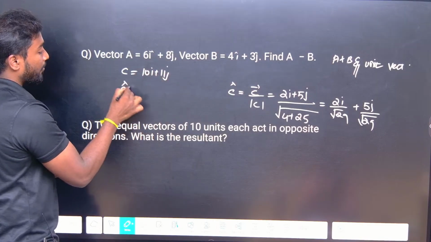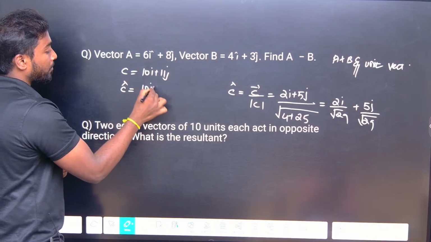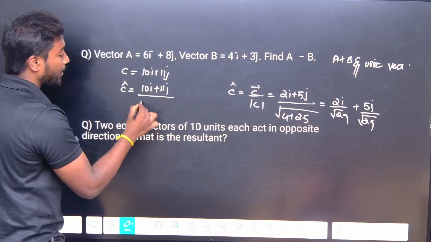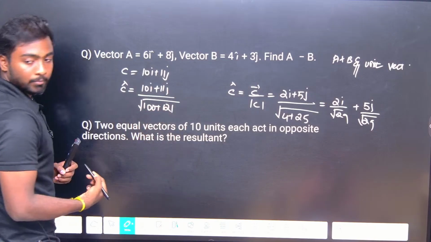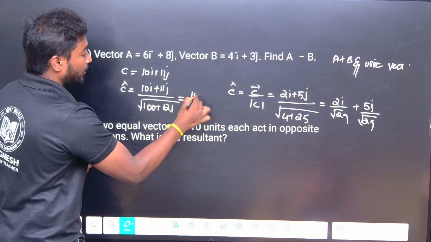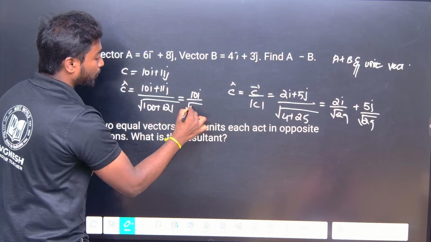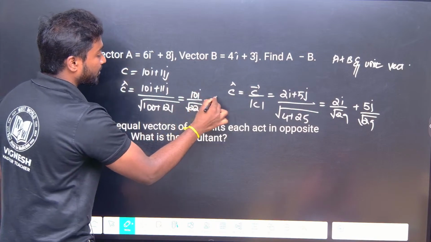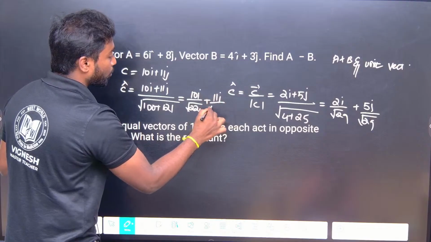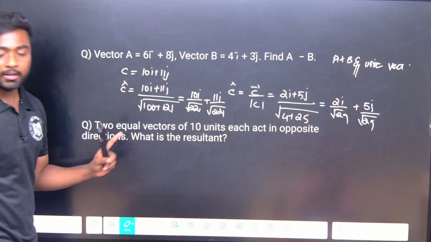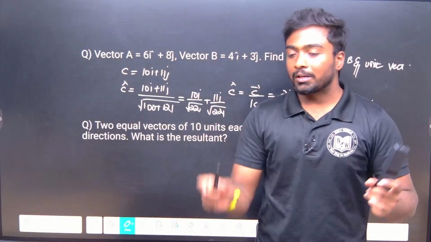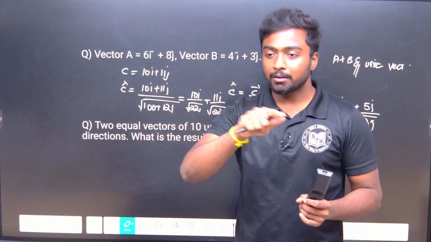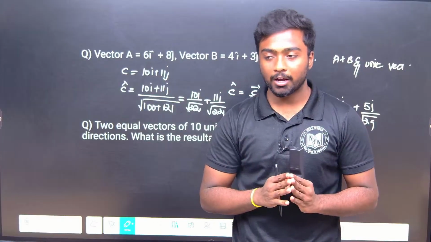So C cap will be equals to 10i plus 11j divided by under root of 100 plus 121. So 10i by root of 221 plus 11j by root of 221. Any doubts in this? So unit vector formula you know. Whatever the vector is given, keep as it is by modulus of the vector.